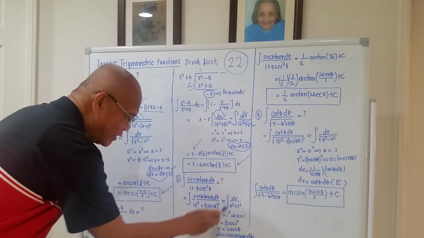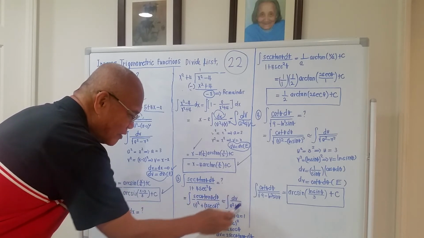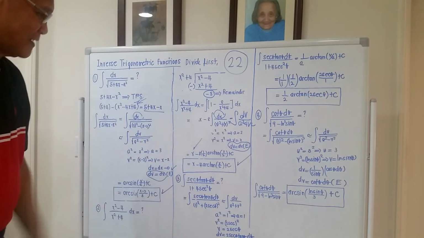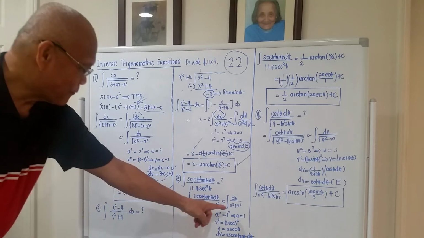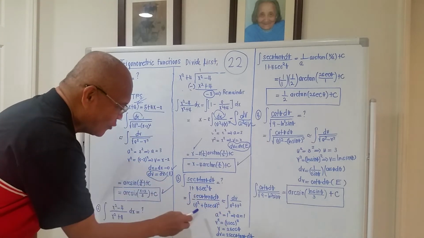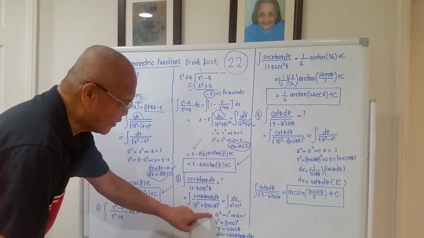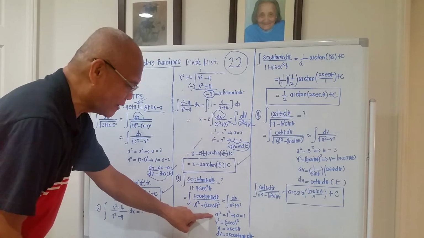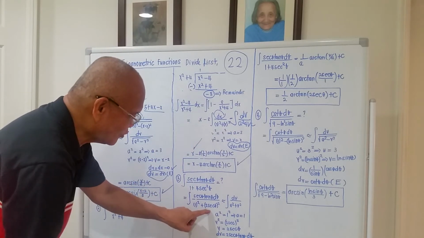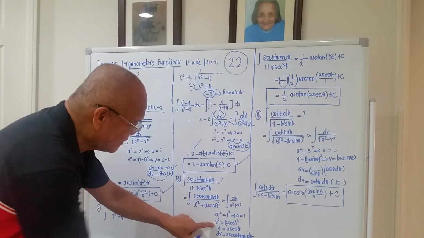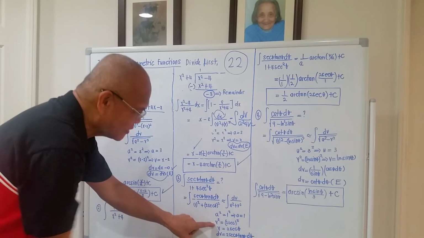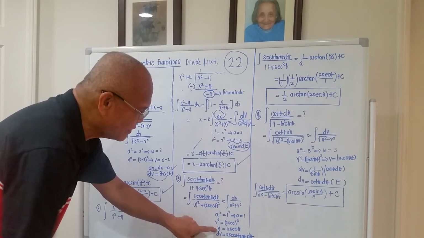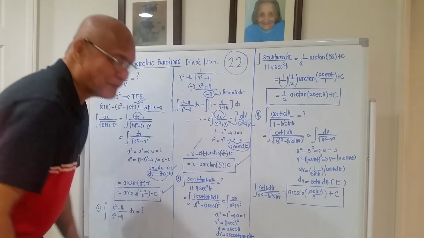This is now similar to the integral of dv over a squared plus b squared. Comparing, a squared will be 1, so a will be 1, we'll use plus 1. b squared is 2 secant of theta quantity squared, and taking the square root, b will be twice secant of theta.